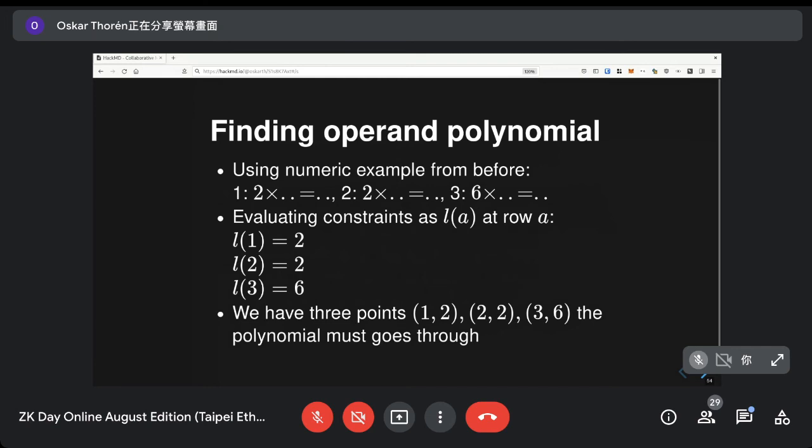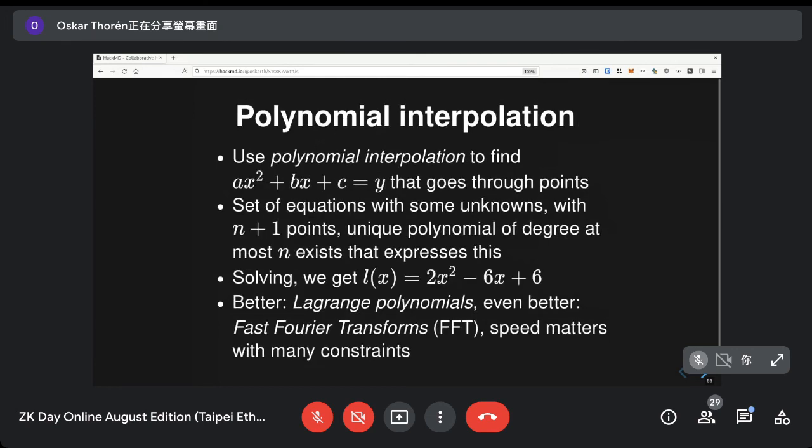So we have some set of points, then we want the polynomial. What do we do? We do polynomial interpolation. All polynomials can be expressed in this general form, and we use interpolation to find the A, B, and C that go through these points. In this example, it's a very basic set of equations with some unknowns. If you remember the fundamental theorem of algebra, in this case we have n plus 1 points, so 3.